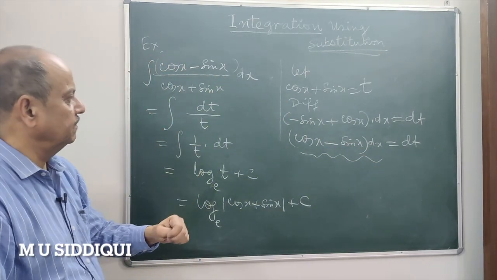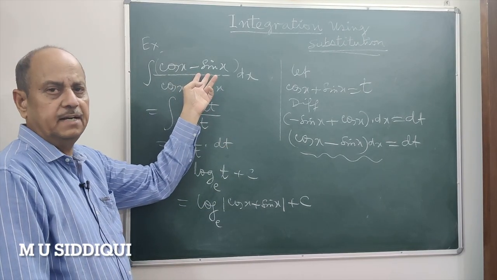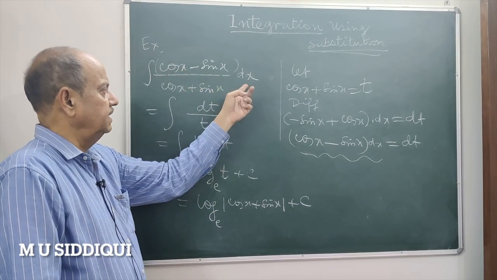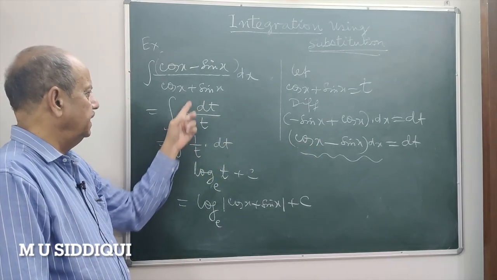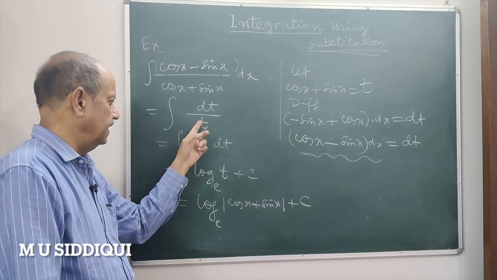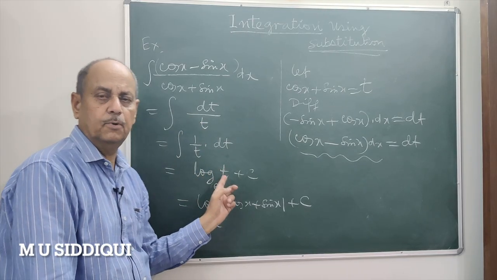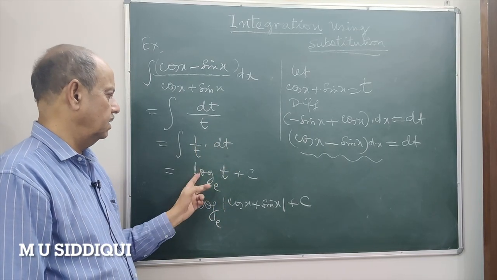Now compare: this cos x minus sin x dx was present in the numerator. We write this entire numerator along with dx replaced by dt, and therefore it has become dt upon t, or 1 upon t dt, that is 1 upon t to be integrated with respect to t, which will become log of t.